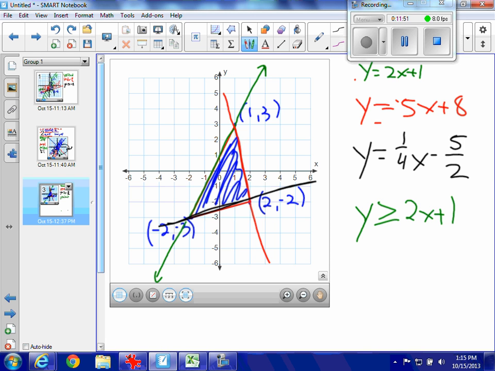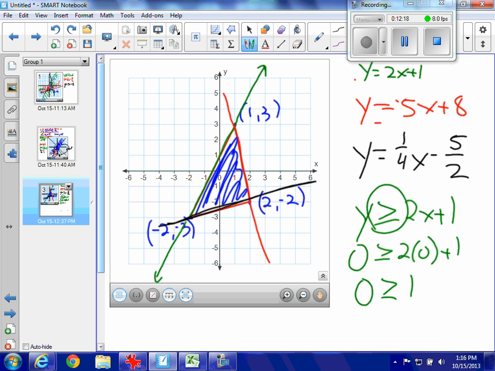So 0 greater than or equal to 2 times 0 plus 1. 0 is greater than or equal to 1. Is that true? That is not true. Right? So since it's not true, it's telling me that my inequality sign is facing the wrong way, because I only have two choices, right? And this choice is the wrong choice.